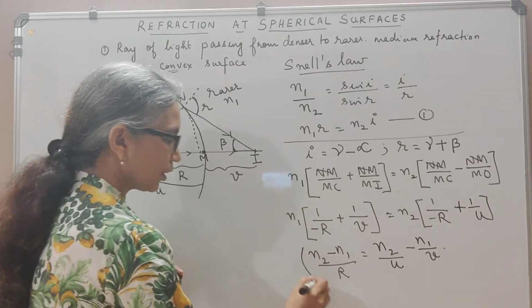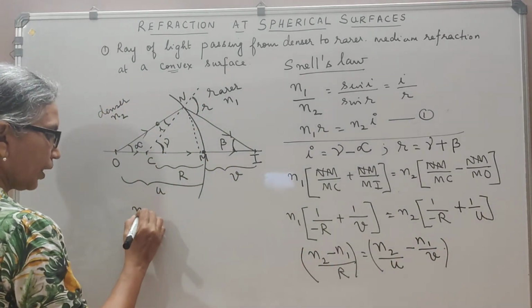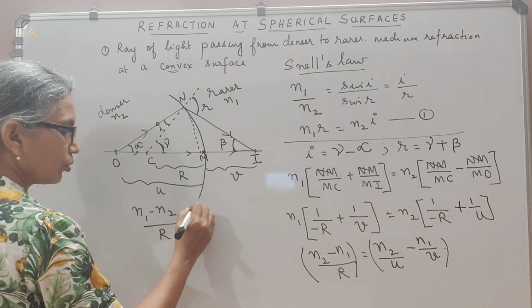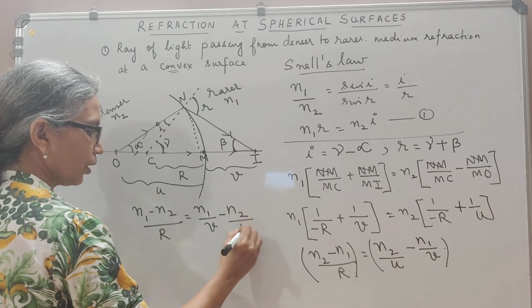I can give a negative sign to this side and a negative sign to this side, so that this will now become N1 minus N2 by R is equal to N1 by V minus N2 by U.